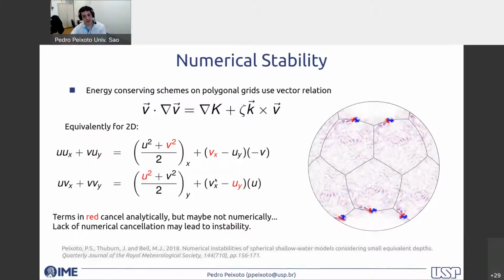And MPAS suffers from an instability called the Hollingsworth instability, which is mostly related to nonlinearities and the way they treat the nonlinear terms. The advection term in MPAS is treated as decomposed into kinetic energy and vorticity terms, and there's a cancelling effect that is not mitigated in the model. Then you start getting these instabilities. So that's one of the reasons that MPAS requires quite a lot of diffusion.